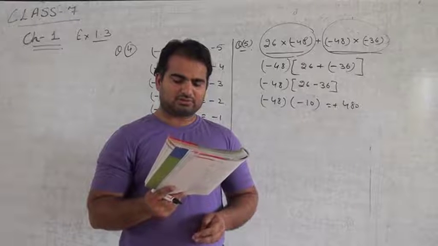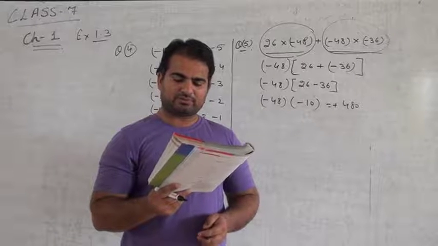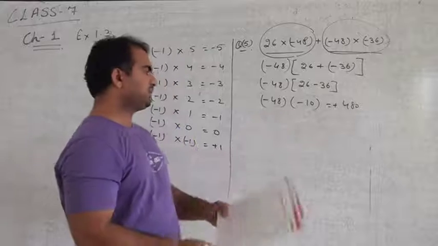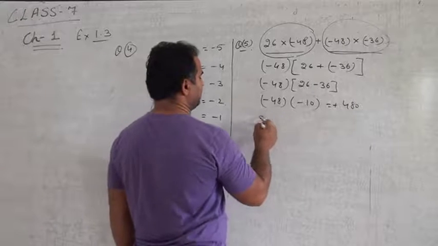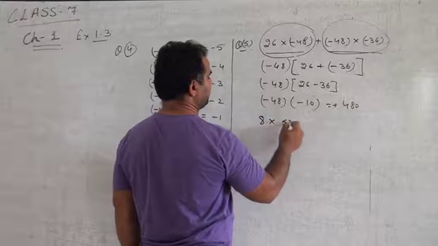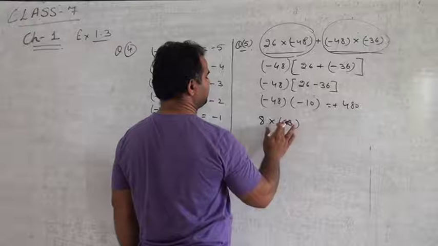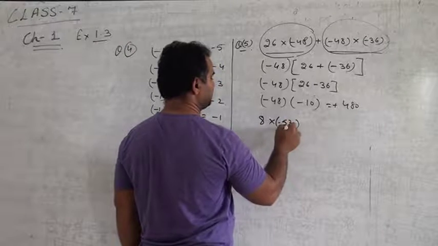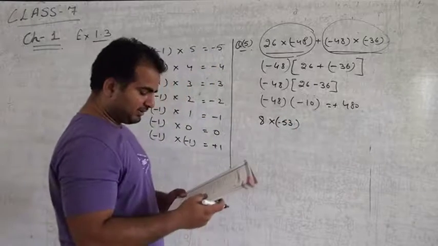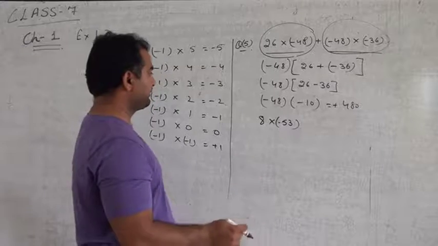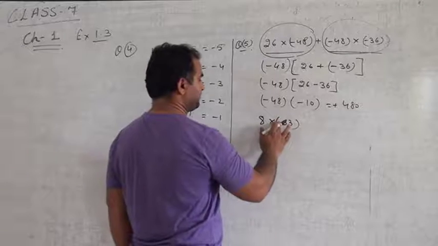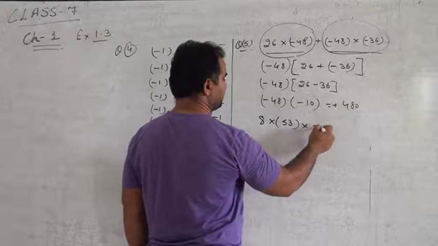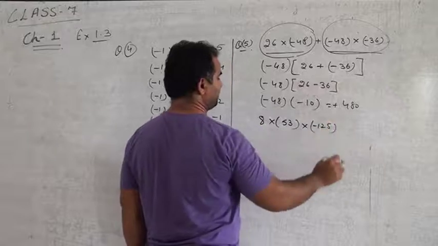I know that all of these questions are like this. What you have to do is, I am doing question number B: 8 into 53, which is of negative nature, minus 53, multiplied by 125, multiplied by minus 125.